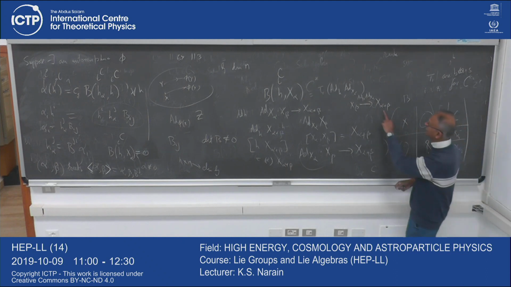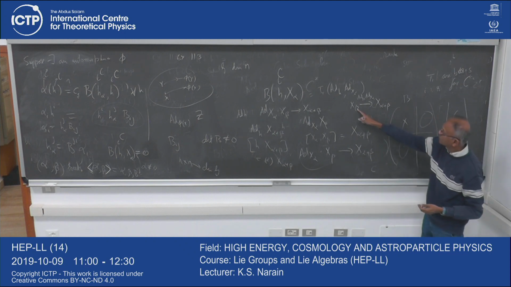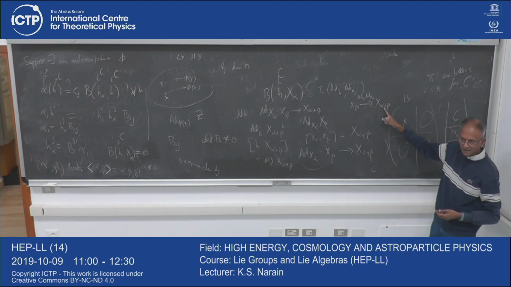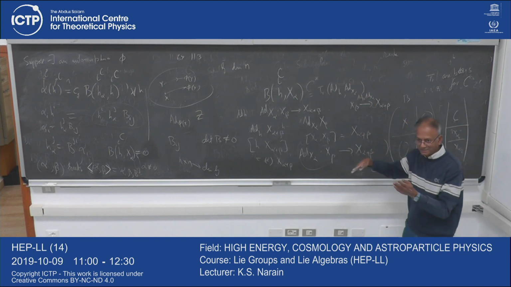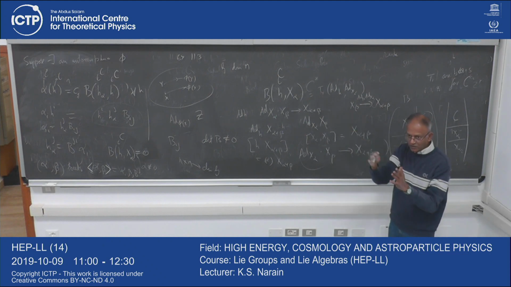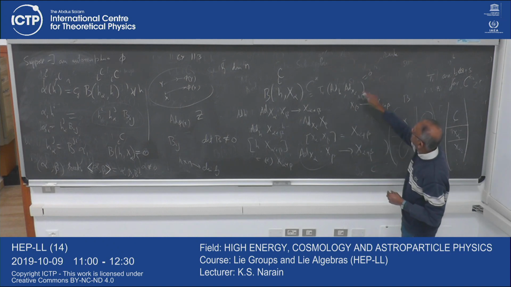So if alpha is not 0, there is no diagonal element here, right? If alpha is not 0, then surely beta is not equal to alpha plus beta. Then this product will have no diagonal term. And since the trace only counts diagonal terms, this will vanish if alpha is not 0.